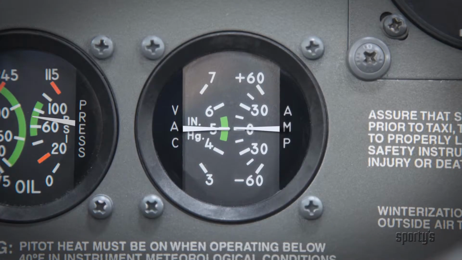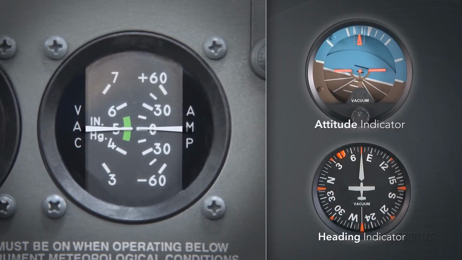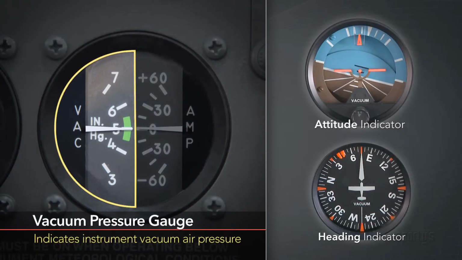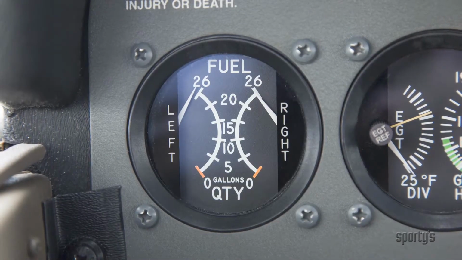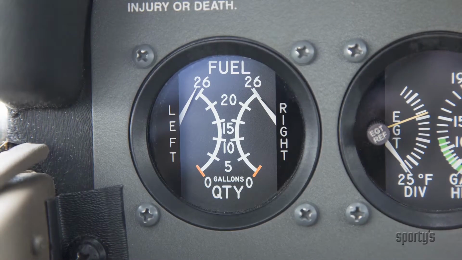The gyroscopes in the attitude indicator and the heading indicator are usually driven by air pressure. The vacuum gauge enables the pilot to check the operation of the two engine-driven vacuum pumps. Fuel gauges show the approximate amount of fuel in the tanks.